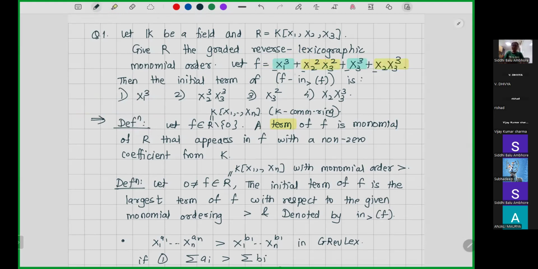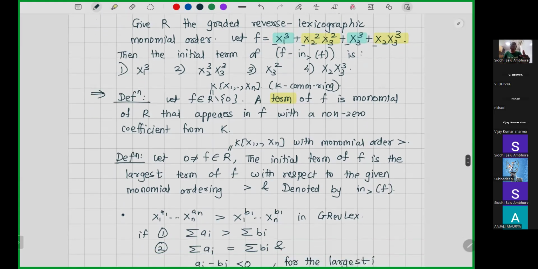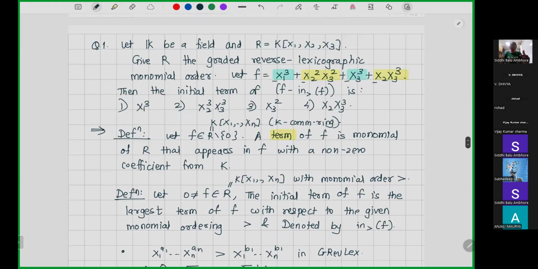This one shaded bluish is smaller than the terms highlighted with yellow. So to find the initial term of f, we just have to compare which one of these is bigger with respect to graded reverse lexicographic order.